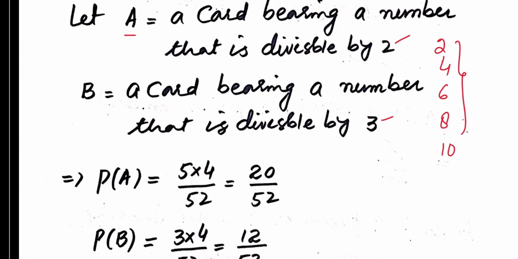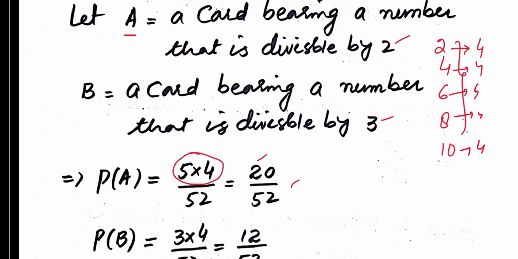These are the 5 numbers in playing cards that are divisible by 2, and each card is repeated 4 times. It means there are total 20 cards. There are 4 cards of 2, 4 cards of 4, 4 cards of 6, 4 cards of 8, 4 cards of 10. So these are the 20 cards. That's why I have written here 5 into 4. So this gives 20 over 52.